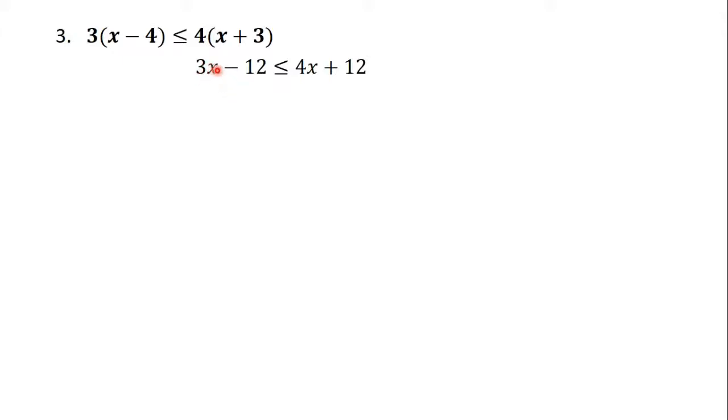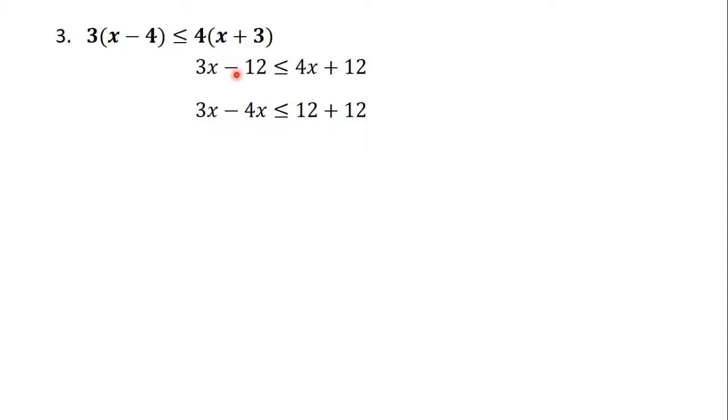I'll keep 3x here, then I'll bring 4x over. I'll keep 12 here, and I'll send this 12 over. So I'm going to have 3x minus 4x, since this 4x is positive. When it crosses to this side, it becomes negative. Then less than or equal to, now this is 12, which is positive.